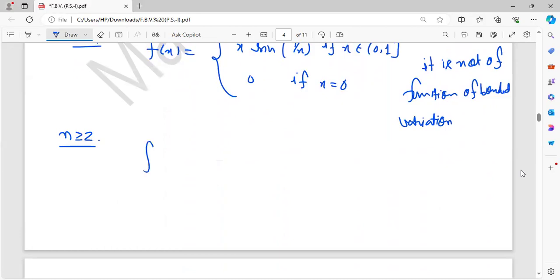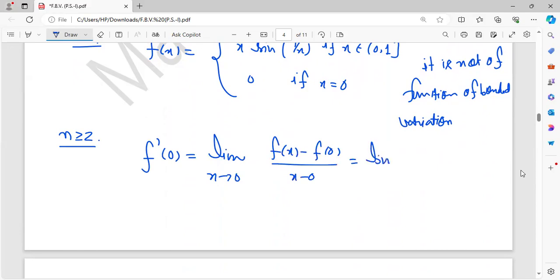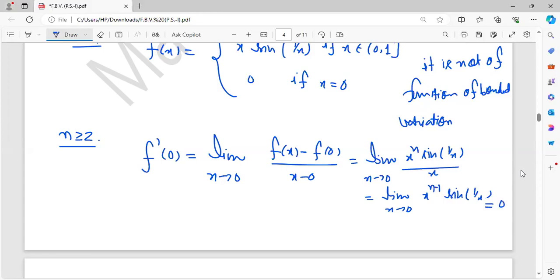Now what about n greater than or equal to 2? So you check the derivative at 0. Limit, what is this? But n is greater than or equal to 2, so this is 0. And what about the derivative if x is not 0?